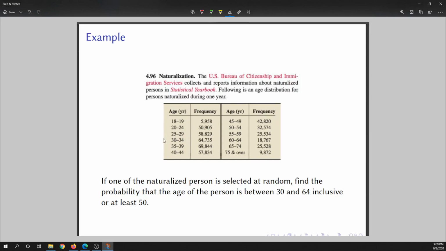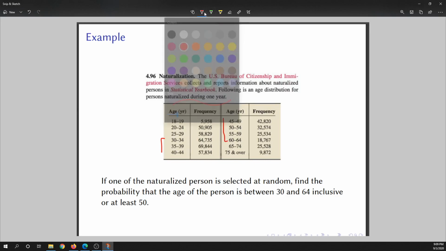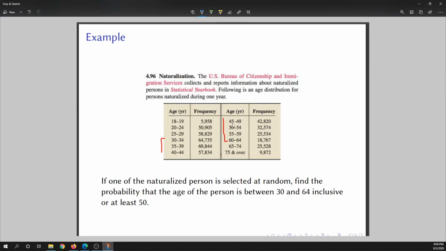Between 30 and 64 would include all these people, all the way down to here. And then at least 50 would include all these people here. What we want are the people that are in both. That would be this group here.